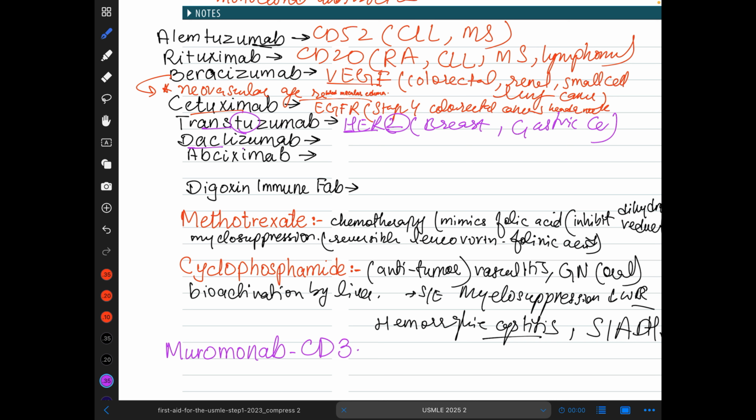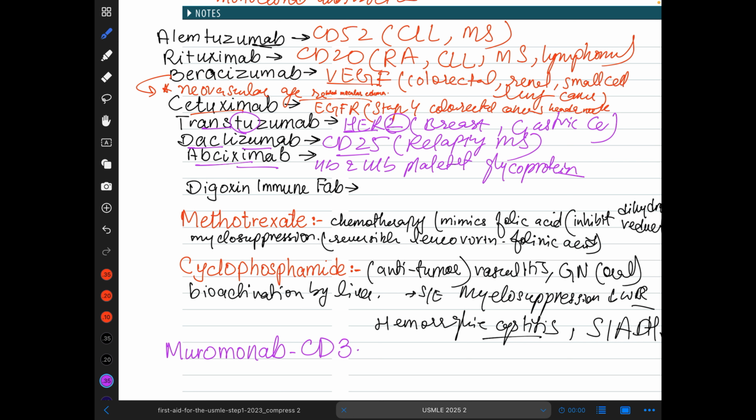We have one targeting CD25, which is also used for relapsing multiple sclerosis. We have an immunosuppressant that targets the 2B and 3A platelet glycoproteins.